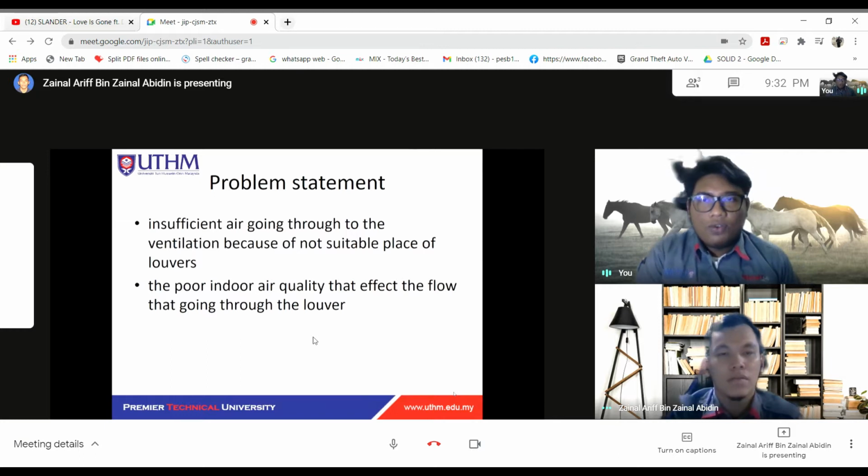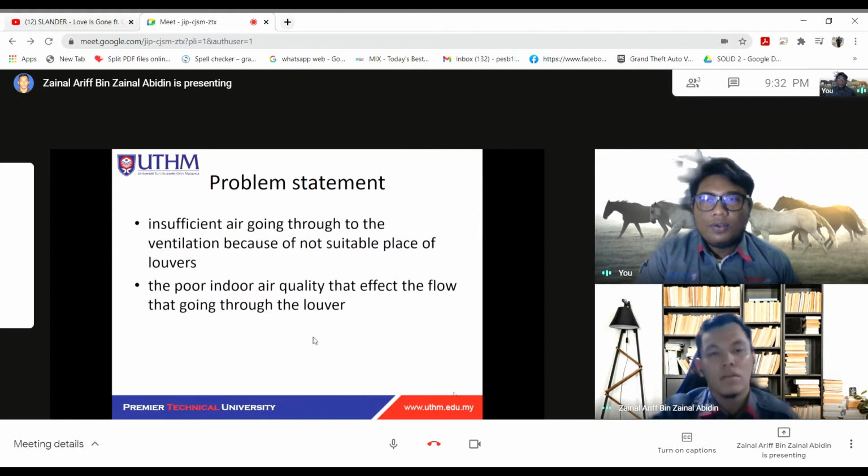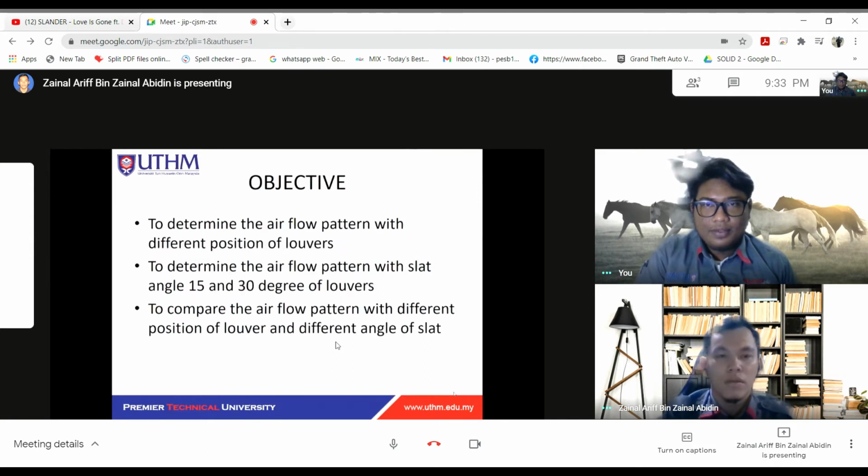For our problem statement, first, insufficient air goes through the ventilation because of an unsuitable place of louvers. Second, poor indoor air quality affects the flow going through the louvers.